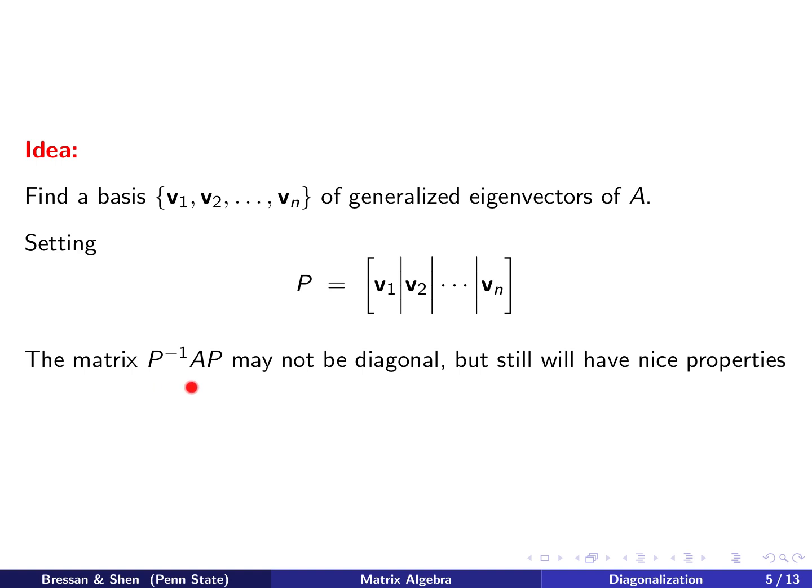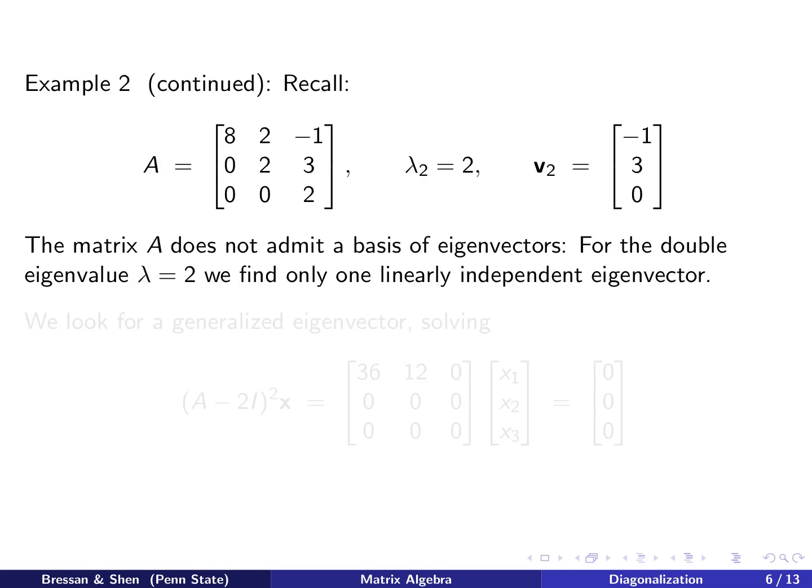Then P inverse times A times P, in the favorable case we discussed earlier, will diagonalize the A matrix. Here it might not be diagonal, but it still will have lots of nice properties. Okay, we'll look into details.